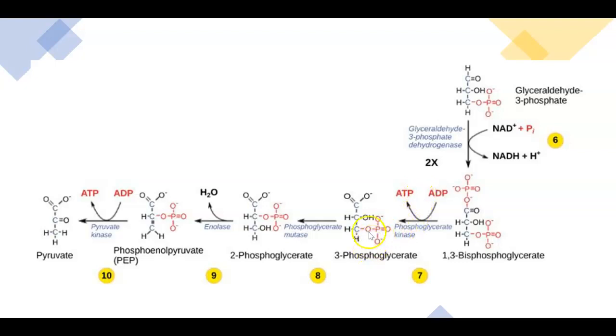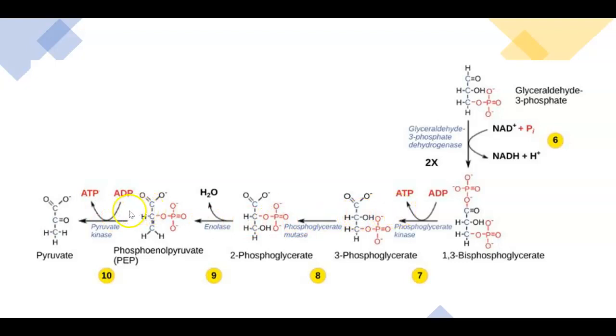And now we have this next intermediate product, which is going to get shifted a little bit more, rearranged. You can see that that's happening along the way. We're going to lose a little bit of water. We get this product at the end here, number 10, which then finally we're going to extract another bit of energy from it. Here's our ATP.